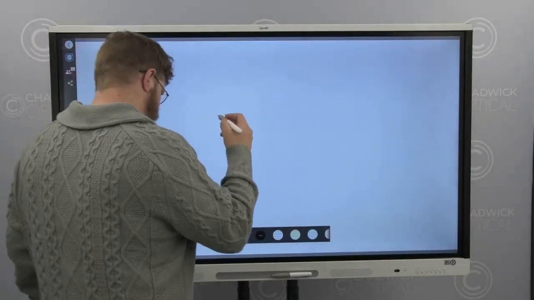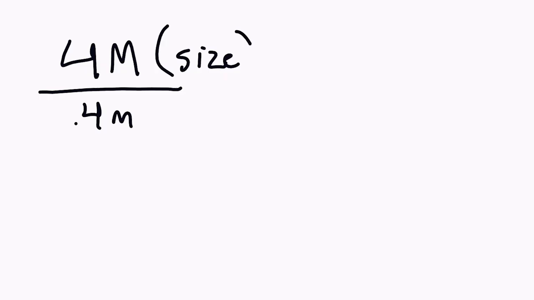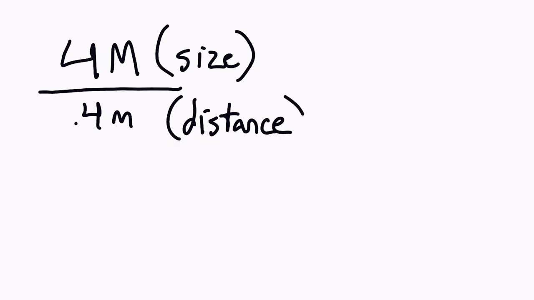We take the size you're able to read, and divide that by the distance. In this case, let's say we were at 40 centimeters. Now we want to take that number and divide it by your target size.